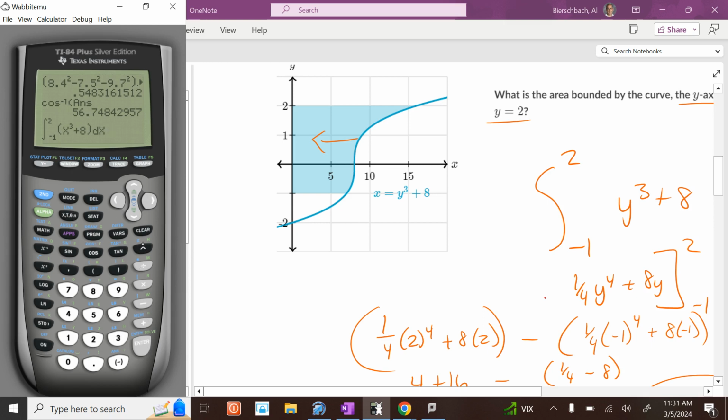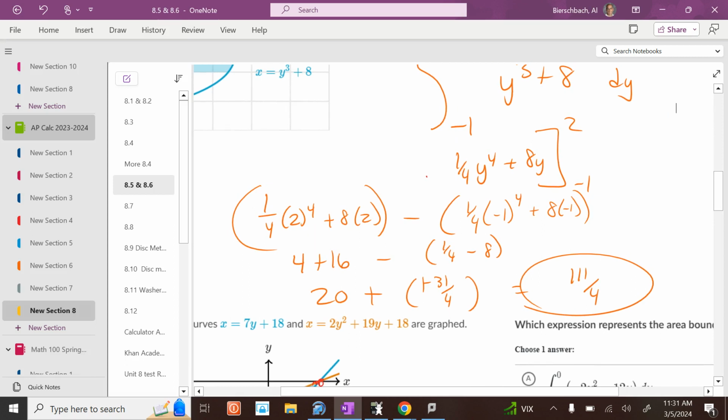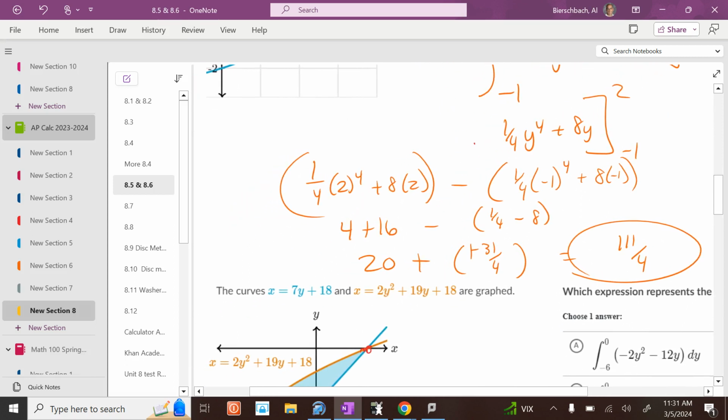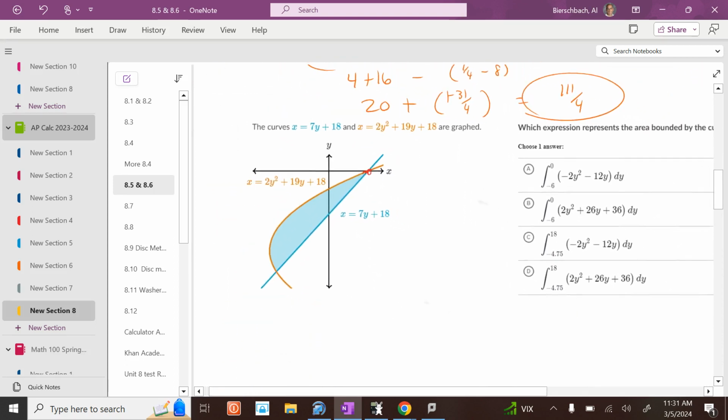And if we enter, it's math, change into a fraction, please. 111/4. Just what I got. Okay? It's the same thing if we use x's instead of y's on our calculator. Okay? All right. This one.